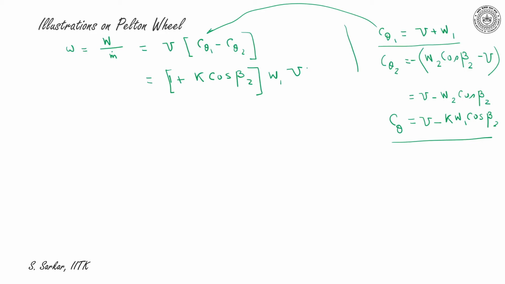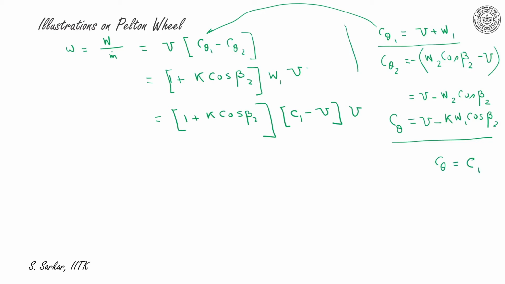So therefore this should be 1 plus K cos beta 2, and this should be equal to C1 minus U into U, because C theta 1 is equal to C1.